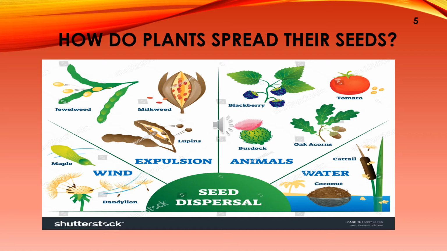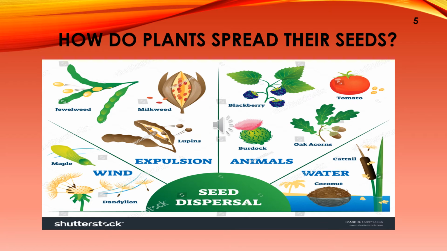And another way that seed dispersal happens is by self-dispersal. For example, when a pea pod dries, it explodes and then the peas fly out in different directions.